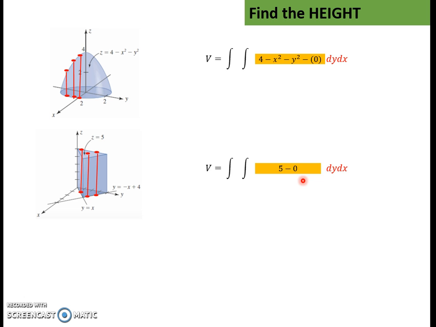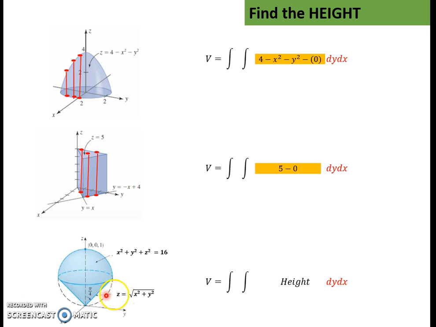However, you need to take care when you have these kinds of objects, in which now the height is from here to here, from here to here, and from here to here. Therefore, the height is always the top function minus the bottom function, whereby you get the top function by rearranging this equation into z equal to something.